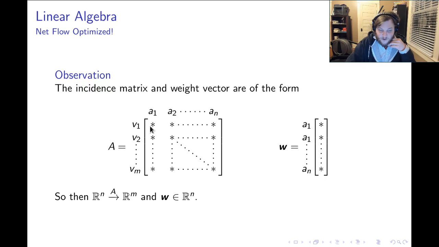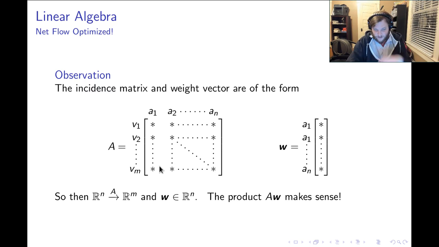So we can view this m by n incidence matrix as a machine that accepts vectors from R^n as inputs and transforms those vectors into new vectors with m coordinates. And the other thing here that's cool is that the weight vector has exactly n coordinates. So it makes sense here to multiply A by the weight vector and we get some new vector. So it's worth asking, well, what is that new vector?